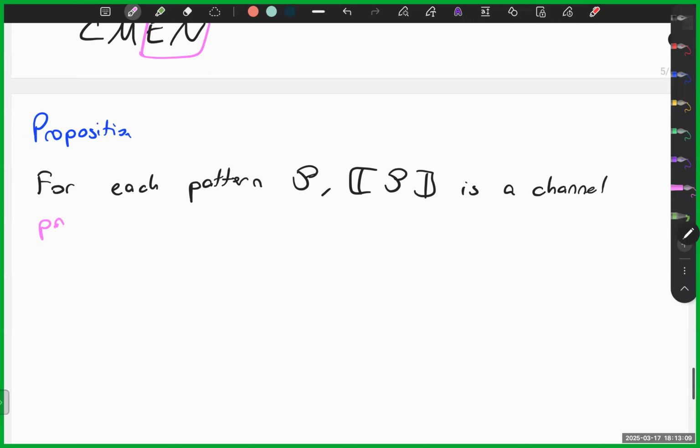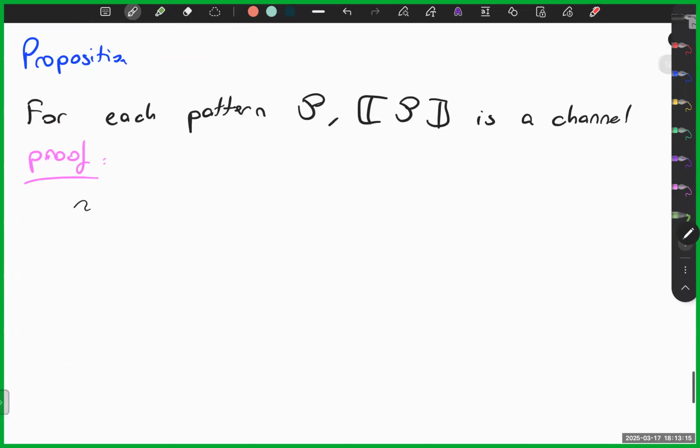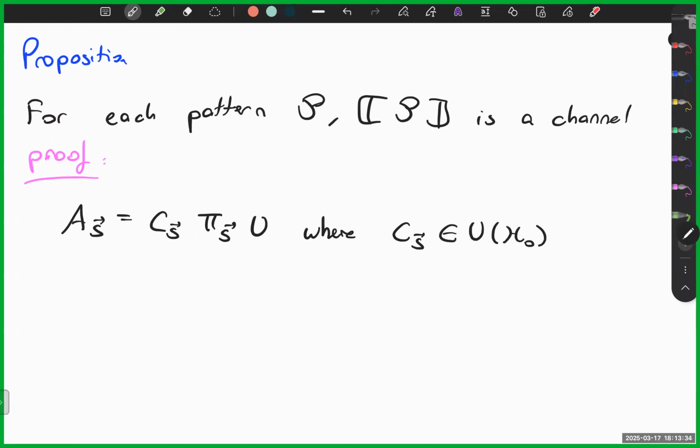So for the proof, using the above theorem, we can write every branch as C_s, pi_s, and U, where C_s is a unitary in the output Hilbert space. Those are the corrections.